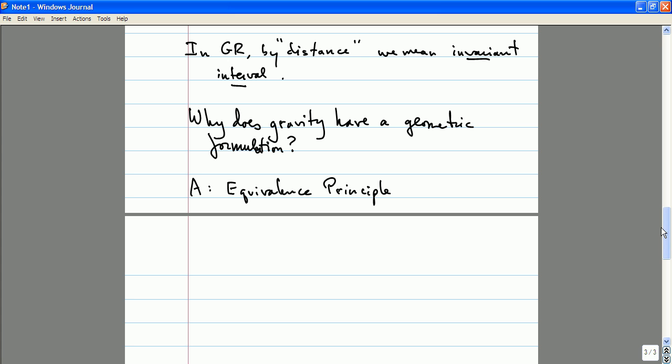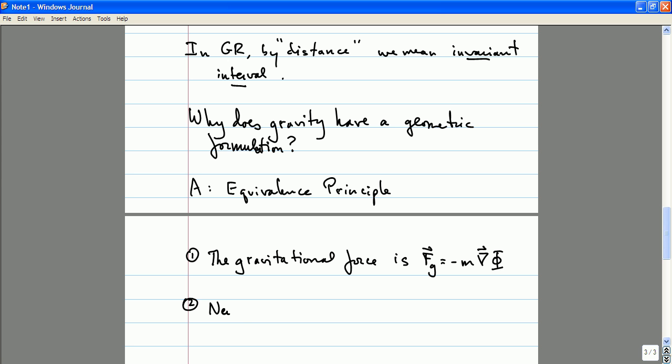So, recall that in Newtonian gravity, the gravitational force on an object is minus the mass of the object times the gradient of the gravitational potential. And Newton's law says that the motion of the object is determined by setting F equals ma, where a is the acceleration vector of the object.